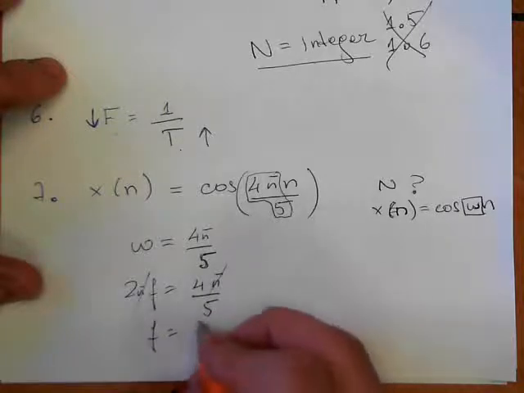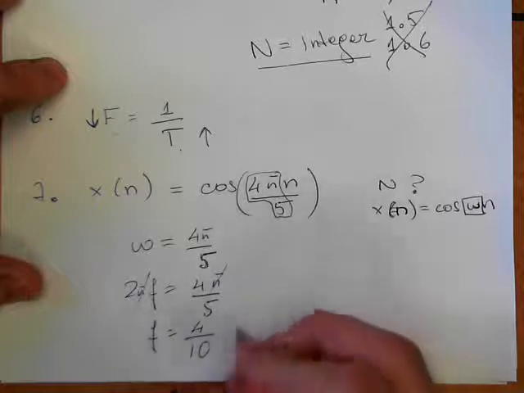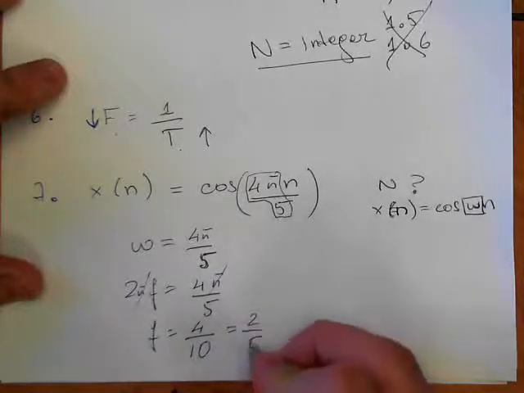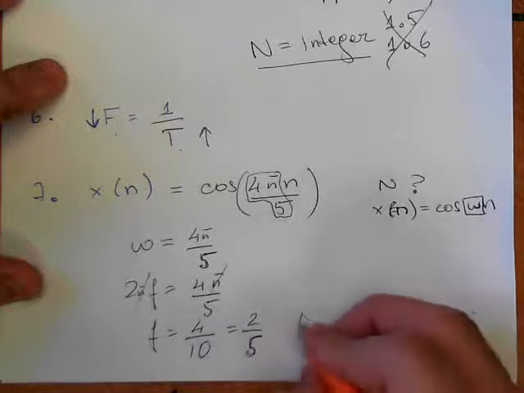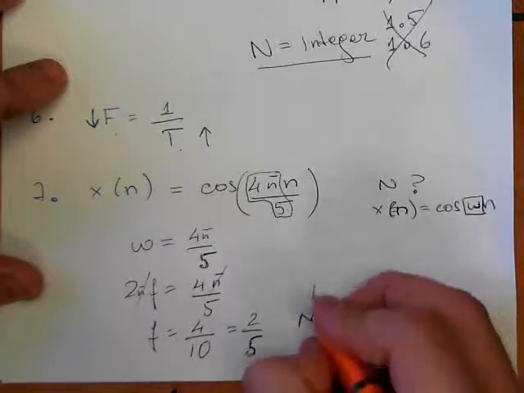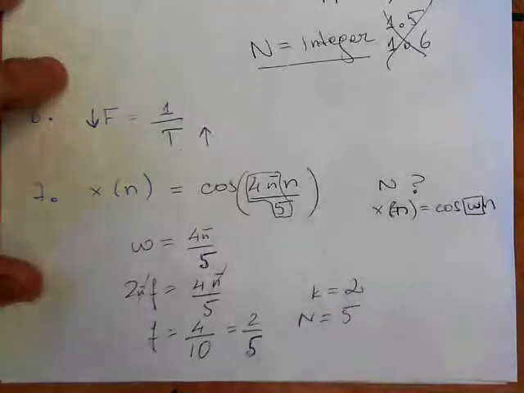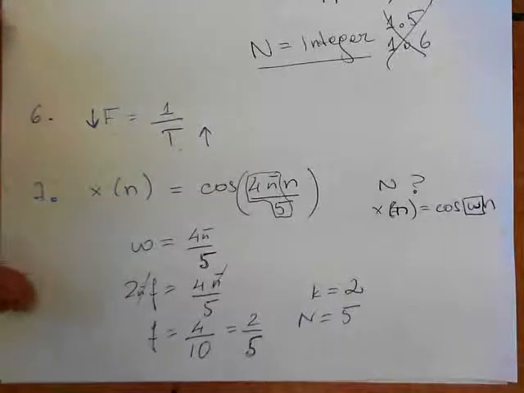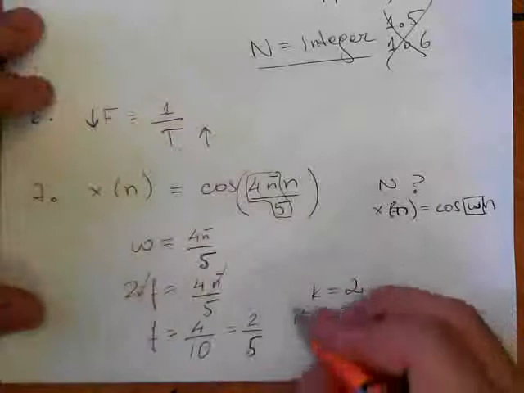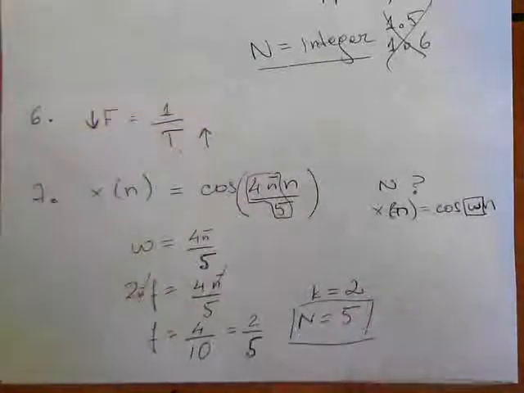So we get 4 divided by 10, and dividing by 2, it is 2 divided by 5. So N is 5, k is 2. This signal is periodic and has the period of 5.